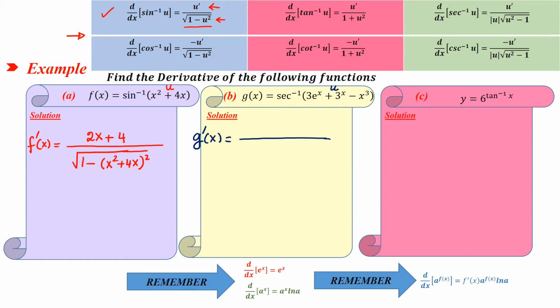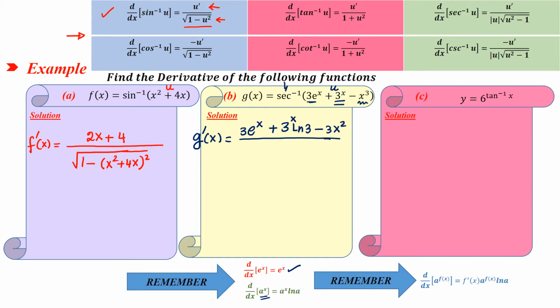The derivative of 3e to the x is 3e to the x, because the derivative of e to the x is the same, plus we have 3 to the x, an exponential function. You have to write the same function, but multiply it by ln 3. Then you have to find the derivative of x cubed, which is 3x squared.